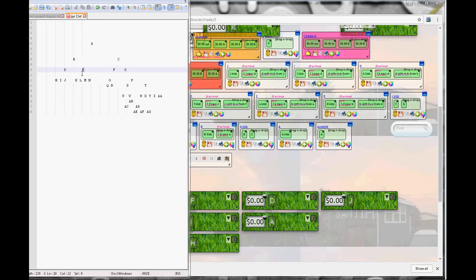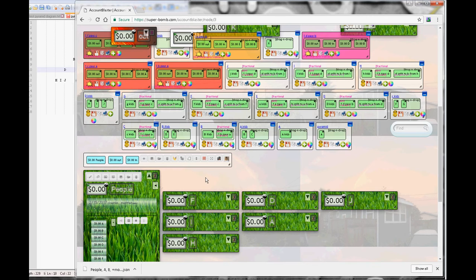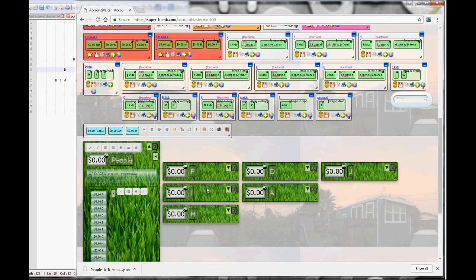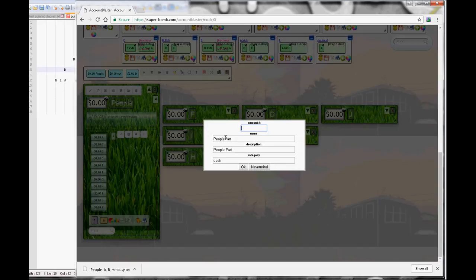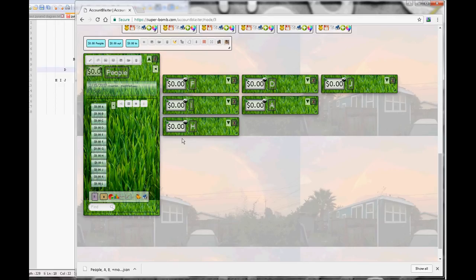Should we add one more? So there's a one with 2, an L. Why not? Heck, I'll add one more. L. First you add the person. That's the actual account for the person.